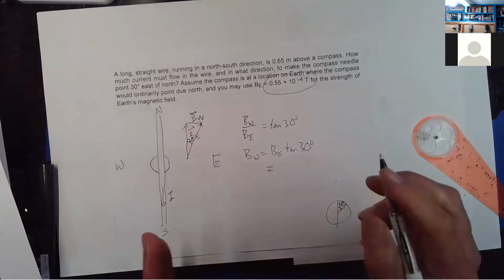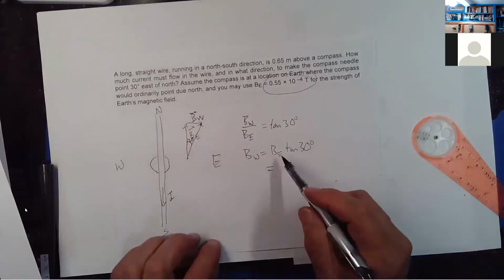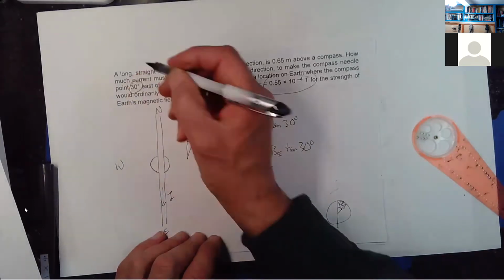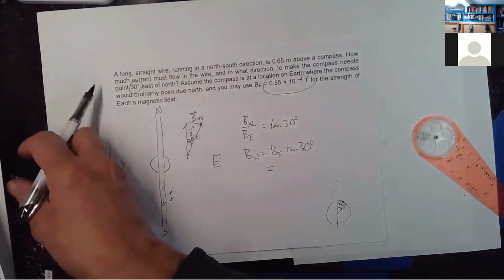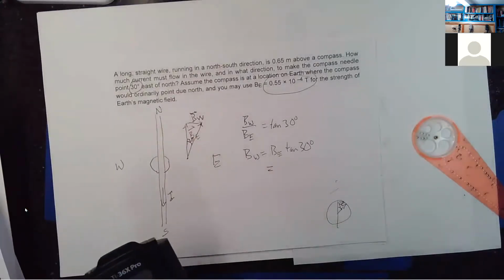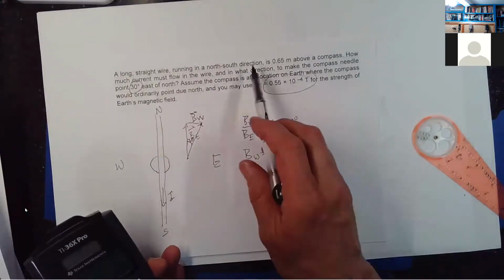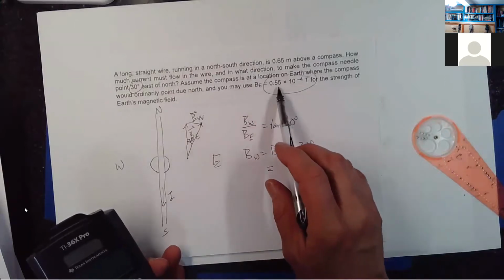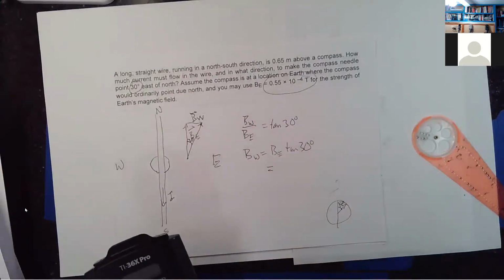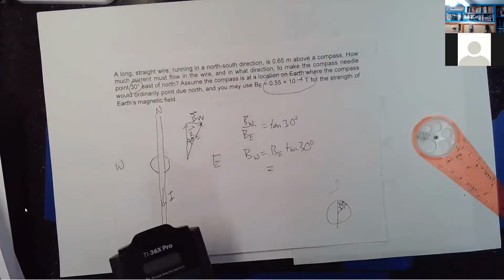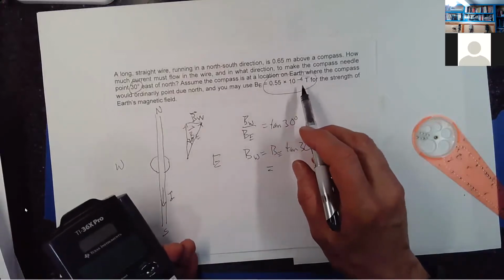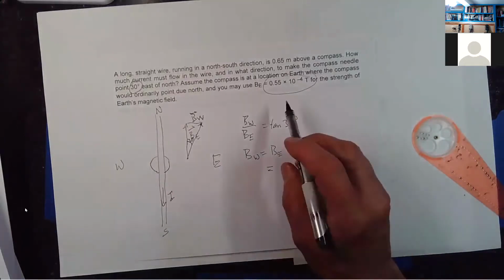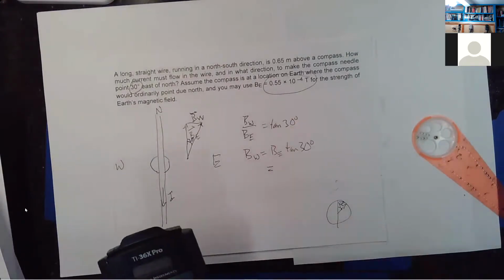And I'll probably hang on to two significant figures. I'm planning to rewrite this problem with more sig figs on that. Makes it halfway interesting. And we're given everything else to two significant figures. So magnetic field of the Earth, 0.55 times 10 to the minus fourth. And that 10 to the minus fourth Tesla is a Gauss. I think I mentioned that. We're not going to use those units, but they do show up once in a while.